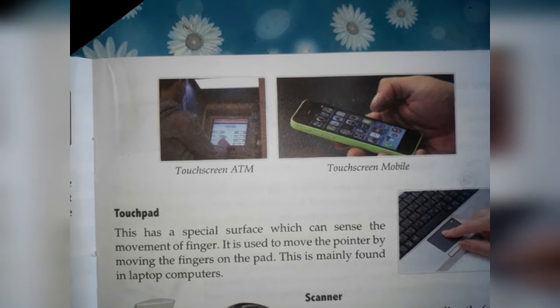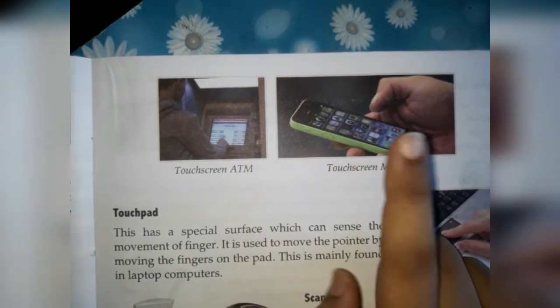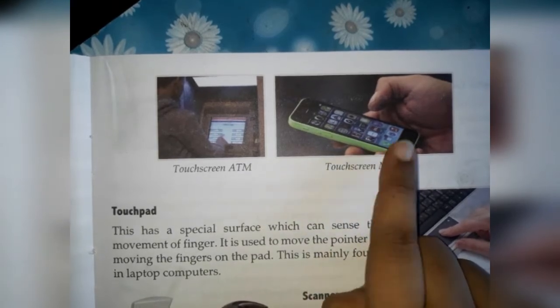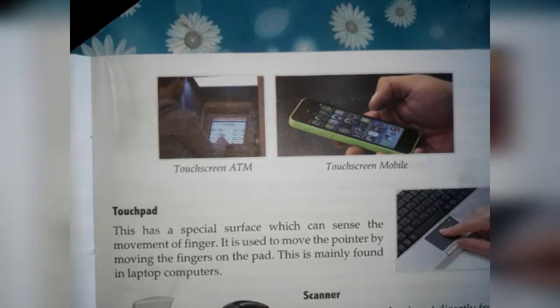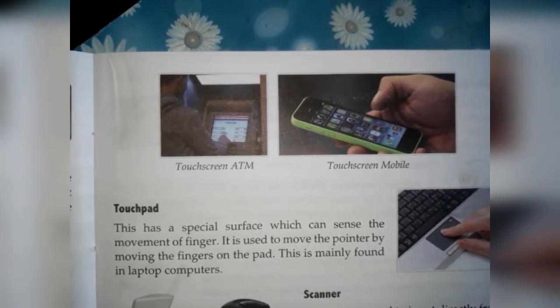The next very important and very usual thing which we see in our daily life is the touch screen mobile. Nowadays we all have these Android phones in our house, and these mobiles are totally touch screen, which can be operated by touching the different applications which have been installed in the system, in the computer, or we can say in the mobile.